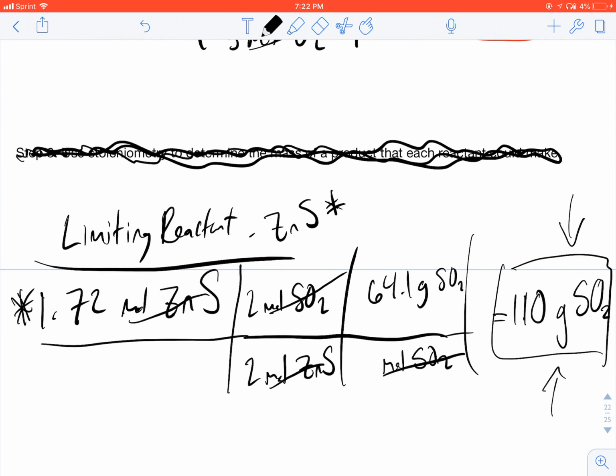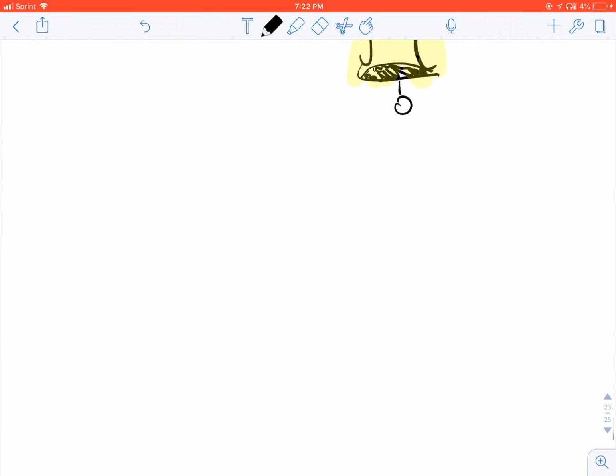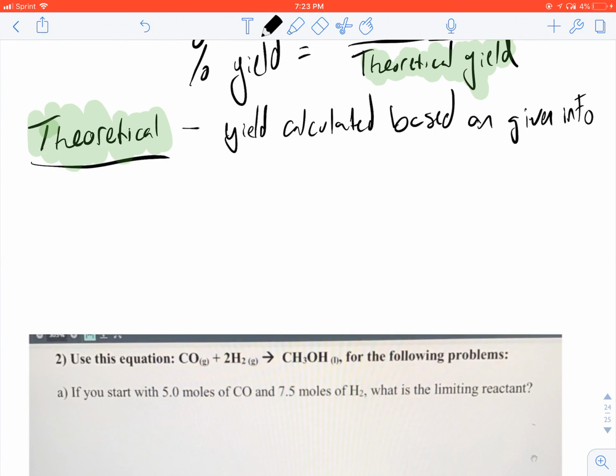For example, here we calculated the mass of sulfur dioxide in this question from last lesson. This grams of sulfur dioxide would be the theoretical yield for this problem. Theoretical meaning if all possible product is made.